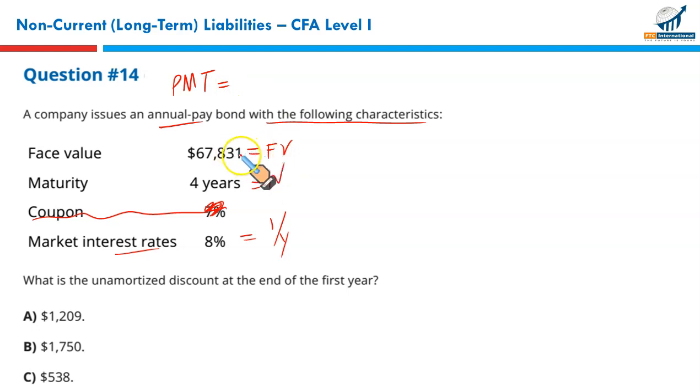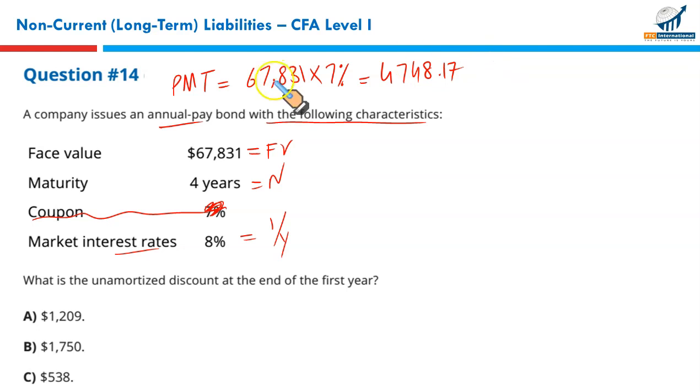I told you interest payment is calculated on the par multiplied by the coupon. Coupon is used for interest payment. Discounting is done at the market interest rate. This is something people repeatedly make mistakes on, and I hope you won't. 67831 times 7% means 4748.17. This is your yearly interest payment.